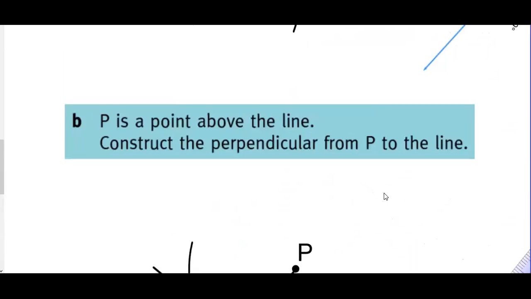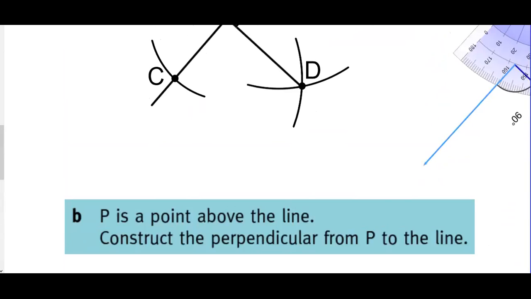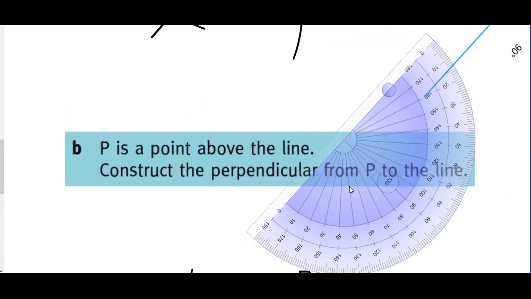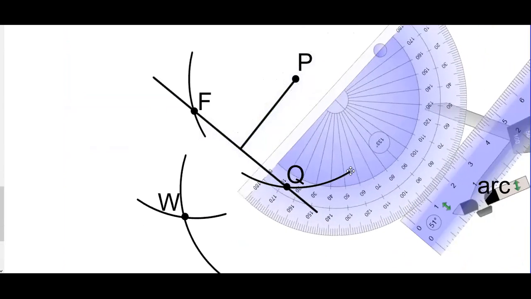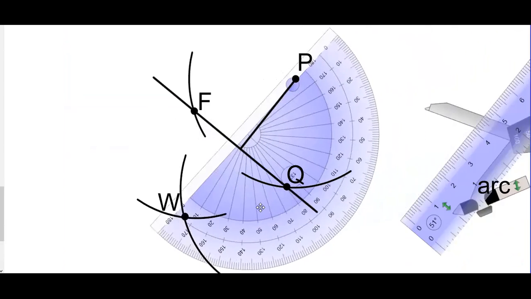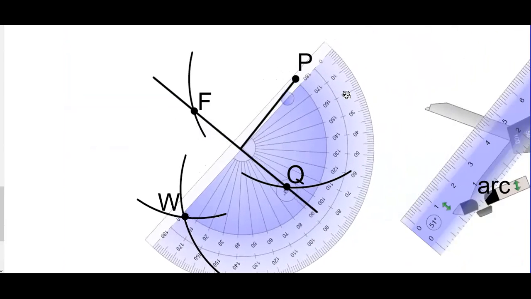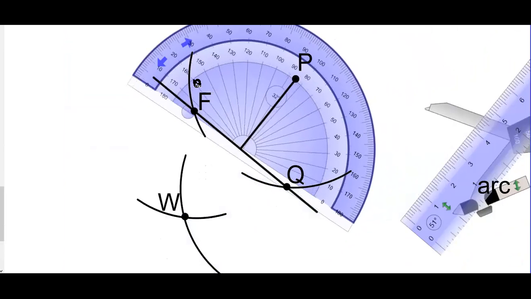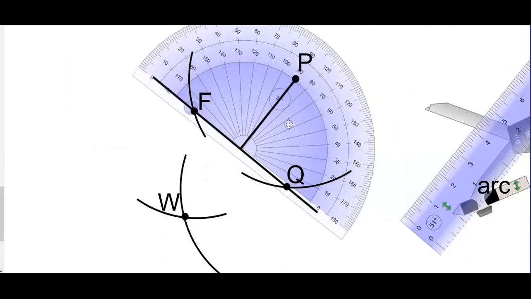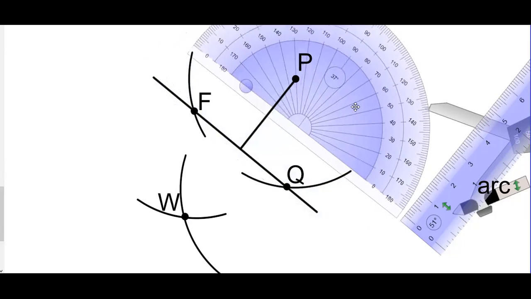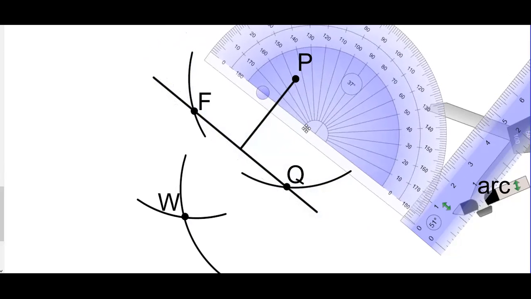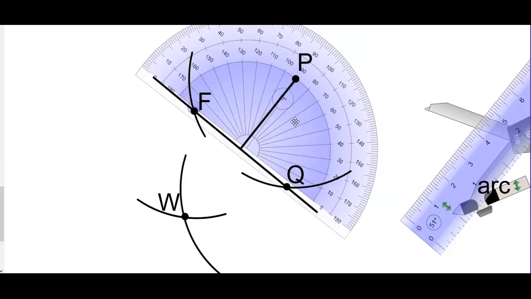Your confirmation is a protractor, to check if your construction is correct. So what I'm going to do, take this protractor, put the center here, and then adjust your center until, you see that? Put the center of the protractor at this right angle.